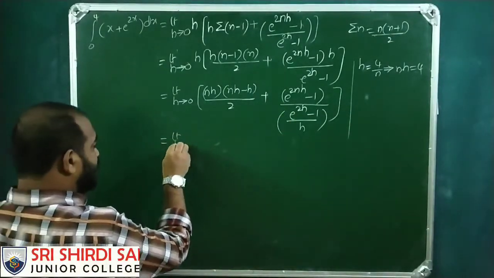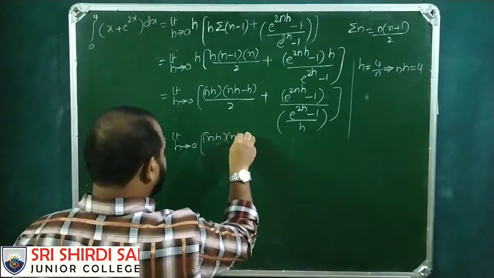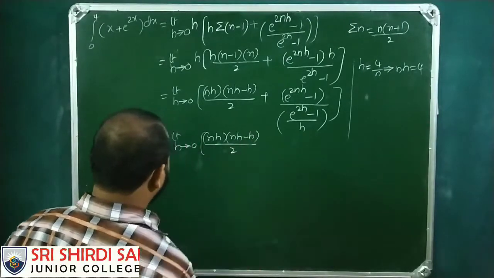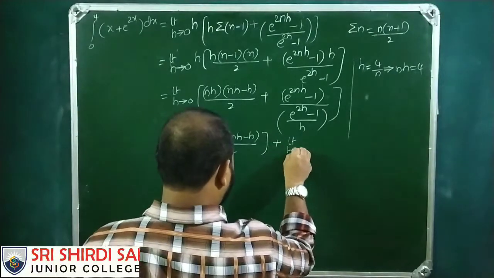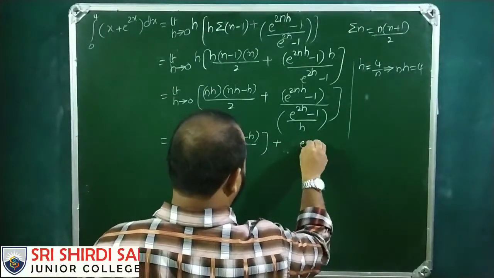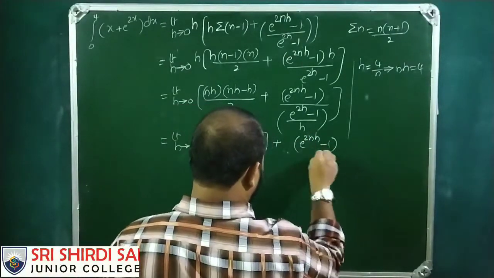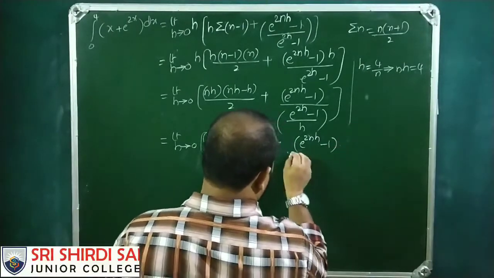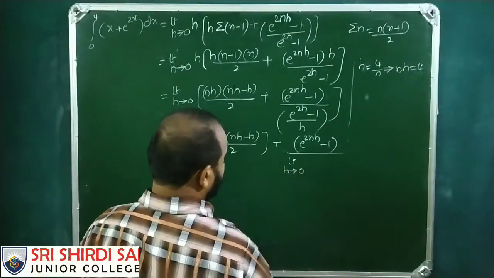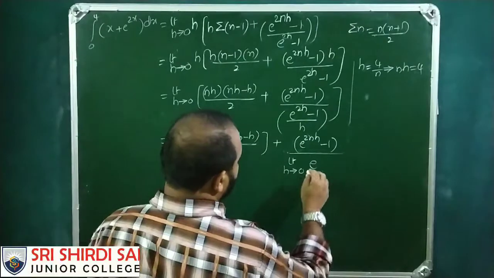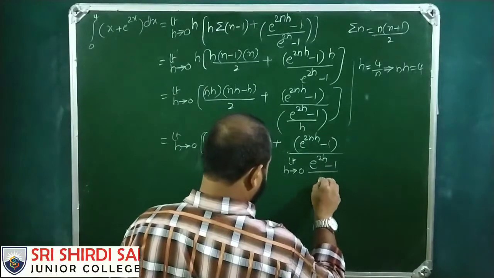So the limit as h tends to 0 of nh times (nh - h/2), plus the limit as h tends to 0 of (e^(2nh) - 1) divided by the limit as h tends to 0 of (e^(2h) - 1)/h.